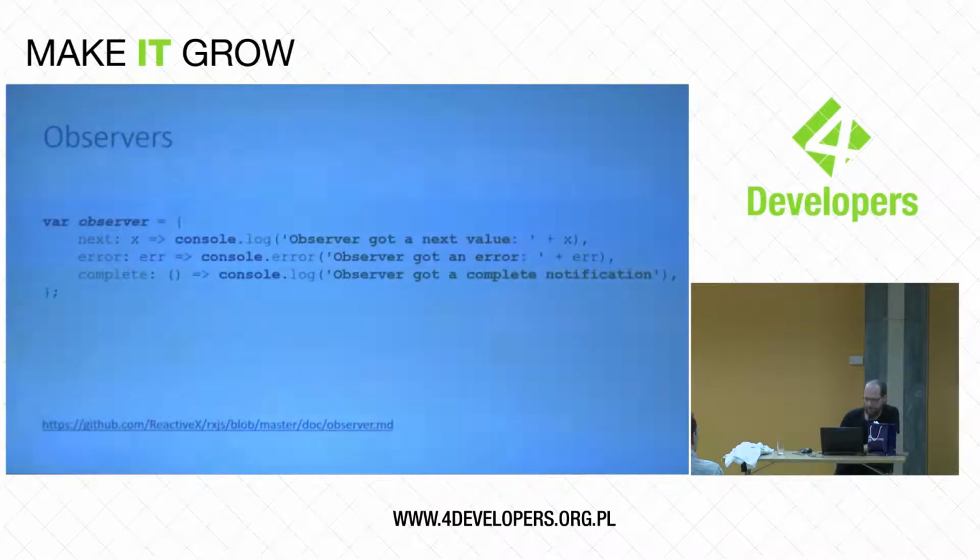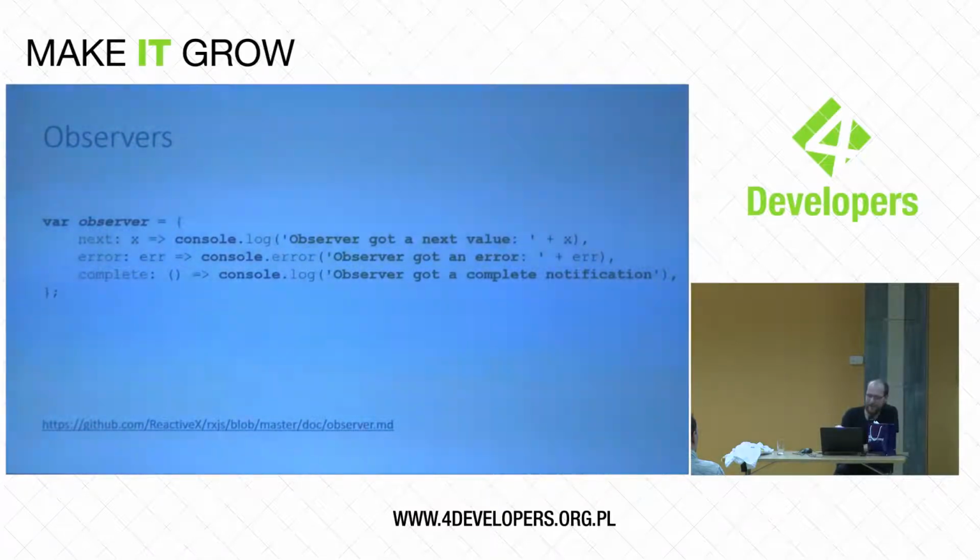Alright. Okay, so this is observer. This is actually copied from the documentation. As for the observer, this is a very naive implementation, but it kind of gets the idea. You have next, which is the function that is gonna be executed once the next element in the sequence appears.